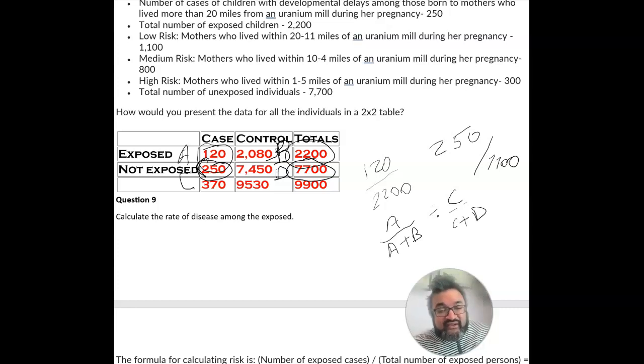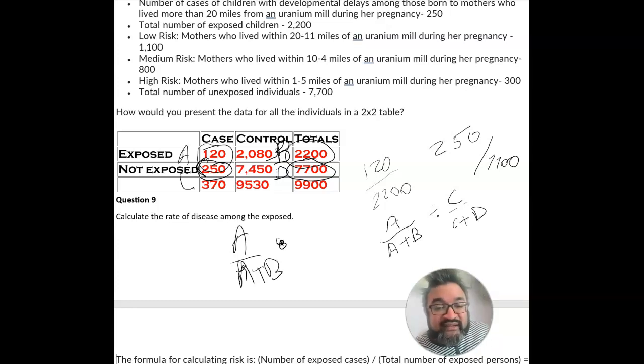So just going back to the math of this, it's A over A plus B. And when you're dividing, you're actually multiplying by something called the reciprocal. All the reciprocal means is that you're flipping the numerator and the denominator. So C is numerator, C plus D is denominator.